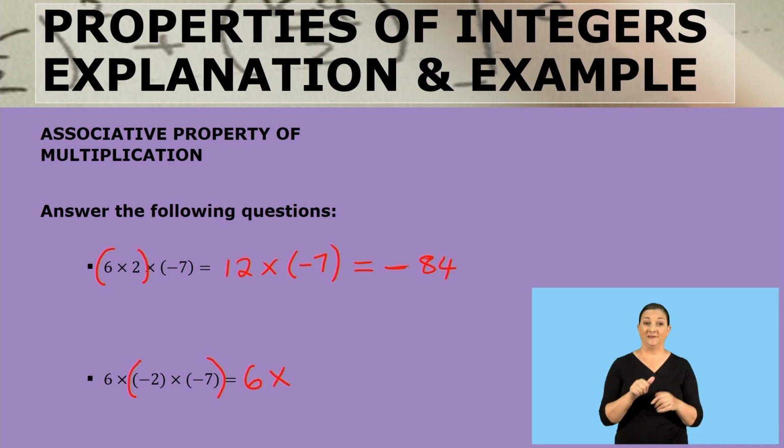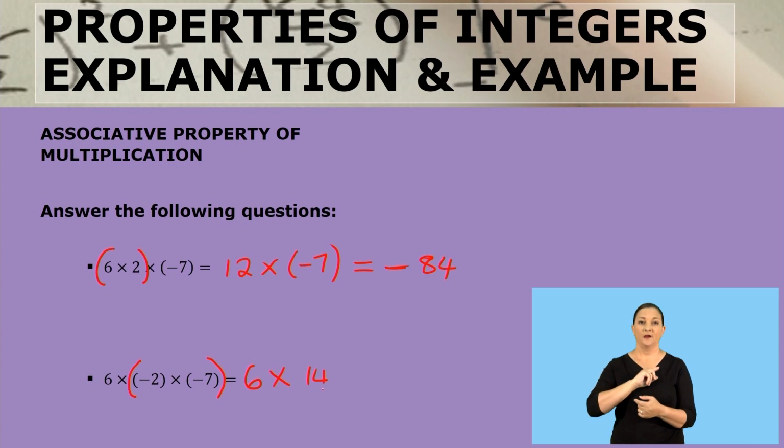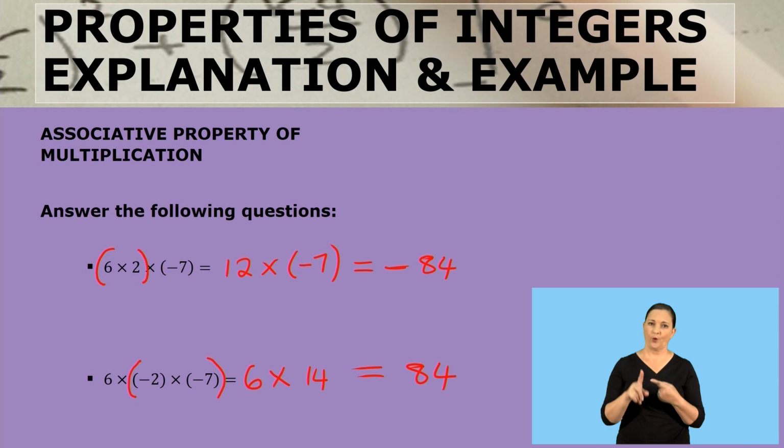Now, in those brackets that I've just added there for myself, we are multiplying 2 negative numbers. Remember, the answer is going to be positive, and 2 multiplied by 7 is 14. And now I am multiplying a positive number with a positive number. My answer is going to be a positive 84.